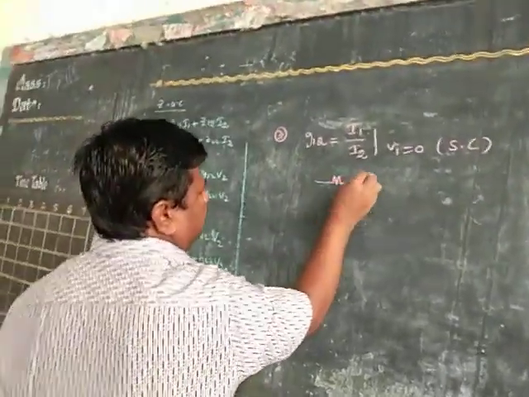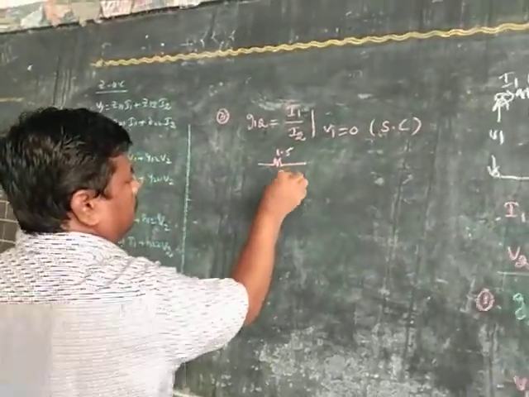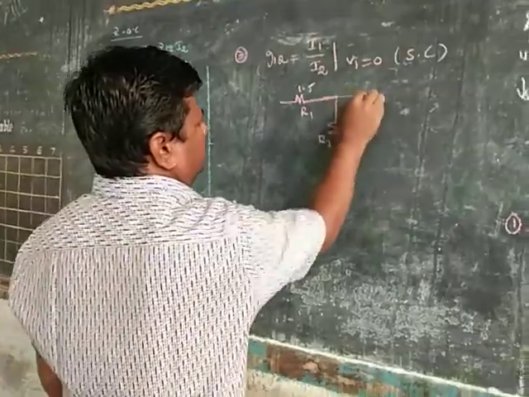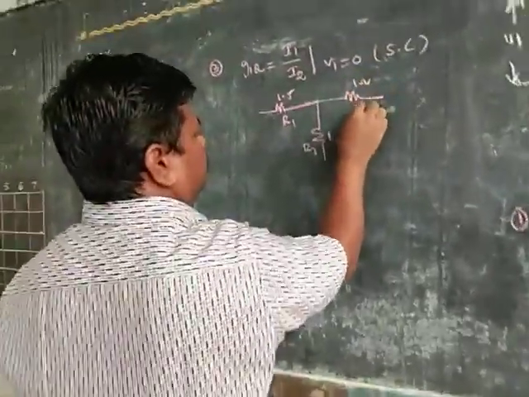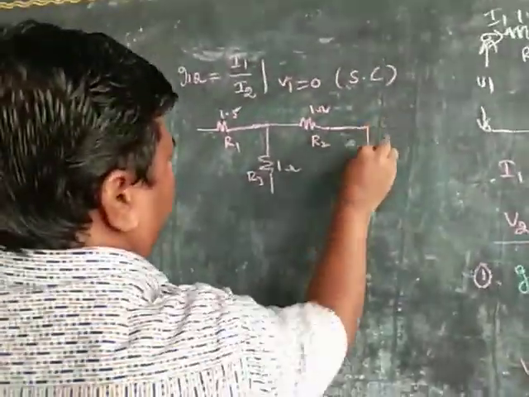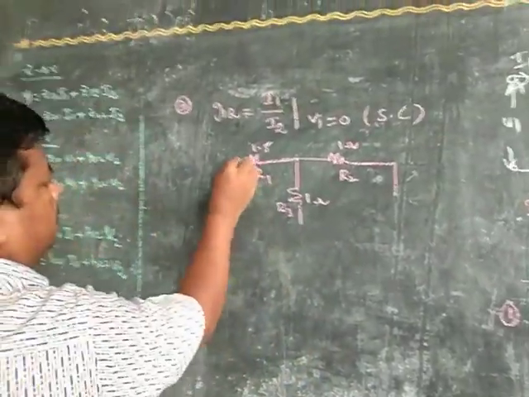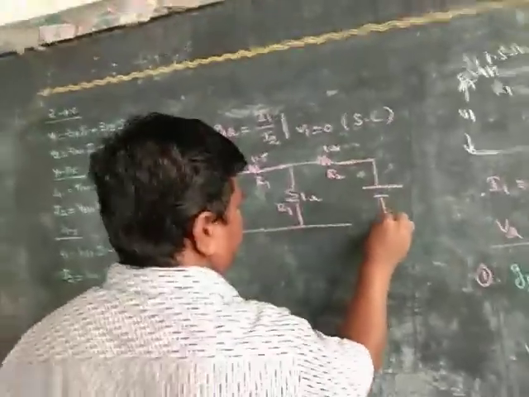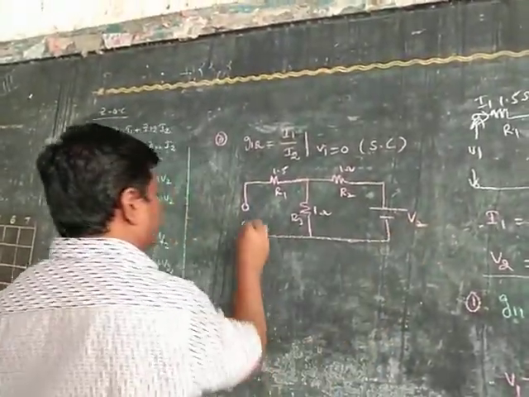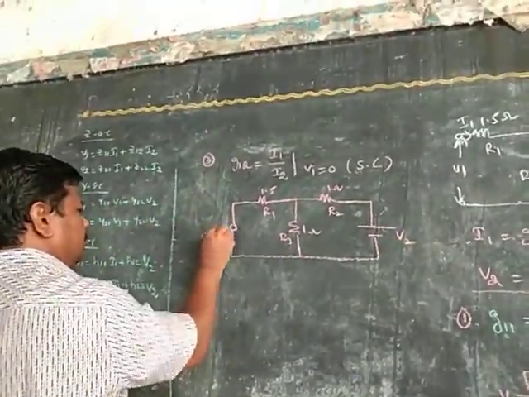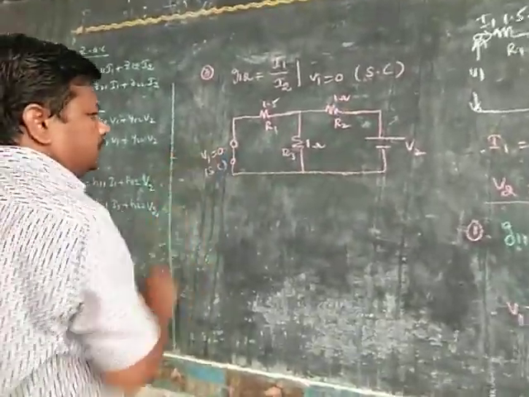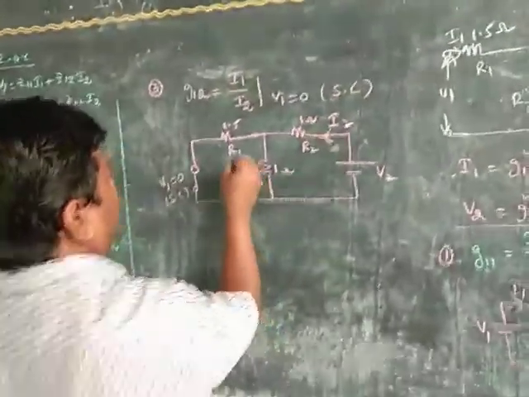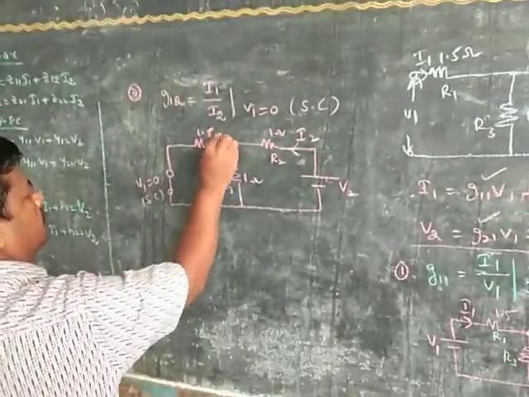We consider the circuit: R1 is 1.5 ohm, R3 is 1 ohm, R2 is also 1 ohm. Now here V1 is equal to 0, V1 is short circuit, there exists a V2. Now this is I2 current, and this is I1 current.